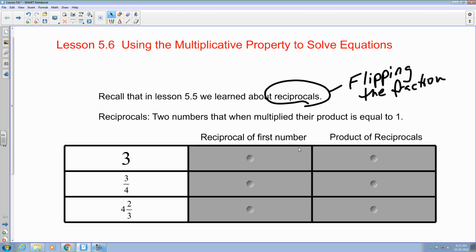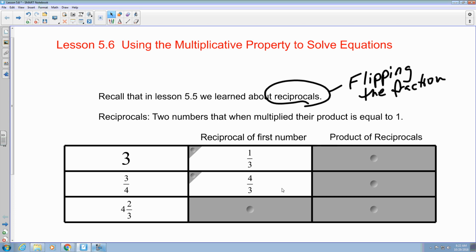Looking at these numbers here in the chart, we have 3, we have 3/4, and we have 4 2/3. In order to find the reciprocal of these numbers, the first two seem pretty straightforward. You just flip the fraction around because 3 can be written as a fraction of 3 over 1, so 1/3 is our reciprocal.